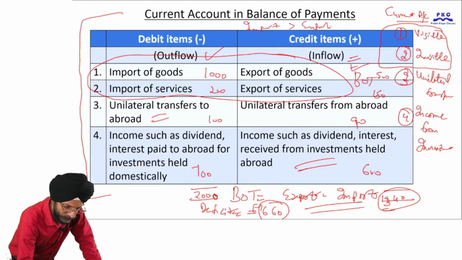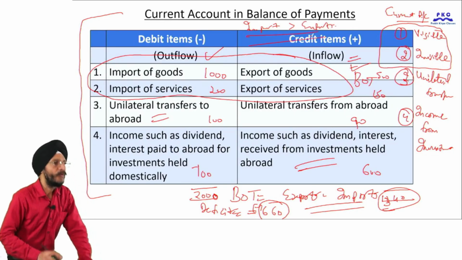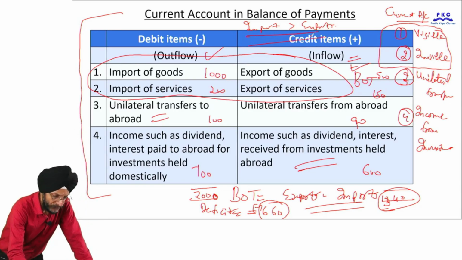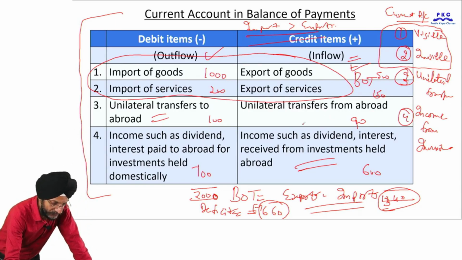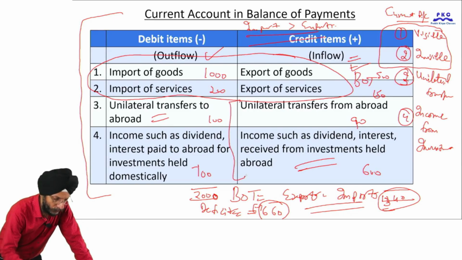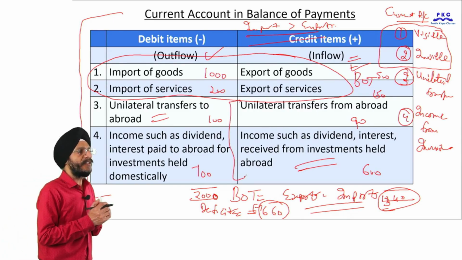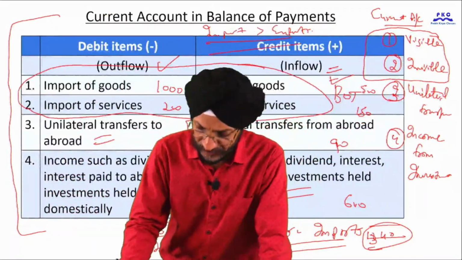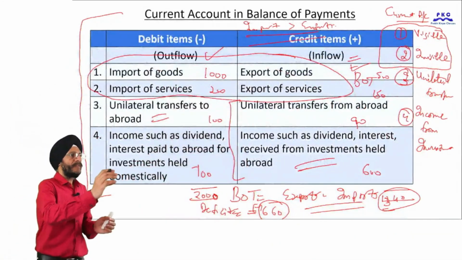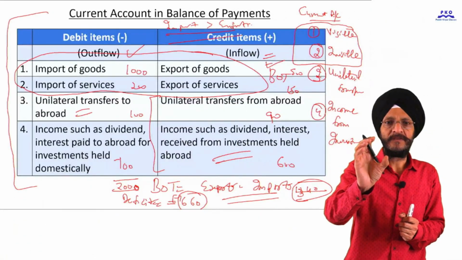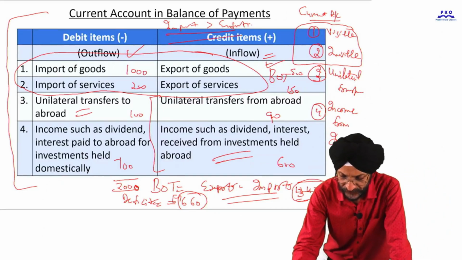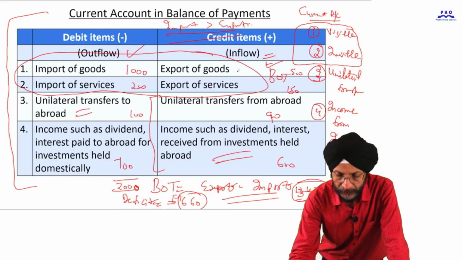What happens? We will have to pay. So these other parts of the current account can play a supportive role in reducing the impact of the current deficit of balance of trade.